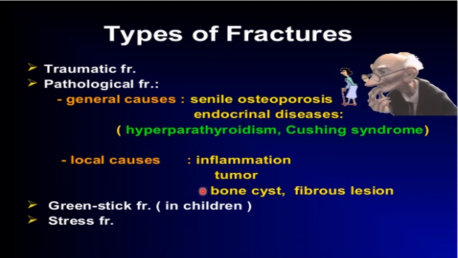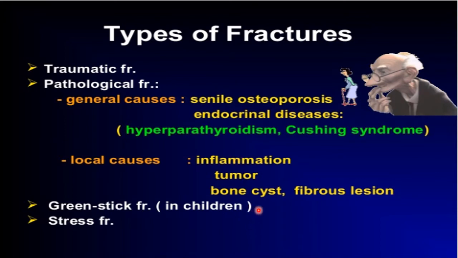Similarly, benign bone cysts can slowly enlarge and erode the overlying cortical bone, making it thin and weak and susceptible to fractures. Then fibrous lesions like fibromas or fibrosarcomas can arise in the bone, and they erode the bone and make it susceptible to fractures. So these are examples of pathological fractures.